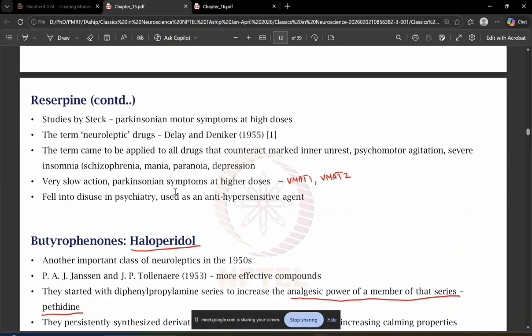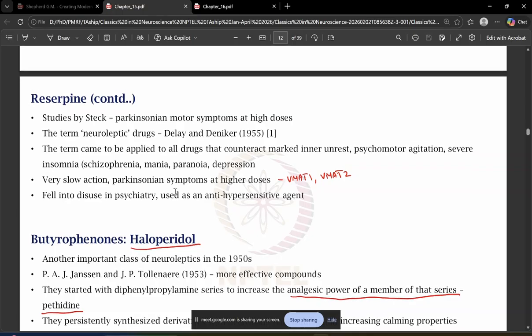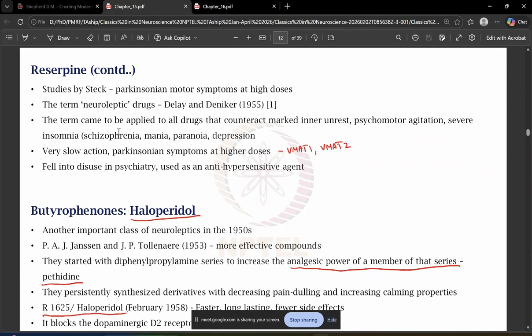So basically drugs that seize the nervous system. And this term, neuroleptic, came to be applied to all those drugs that were able to counteract the inner unrest or the agitation or the severe insomnia that happened in case of diseases like schizophrenia, mania, depression, and paranoia.